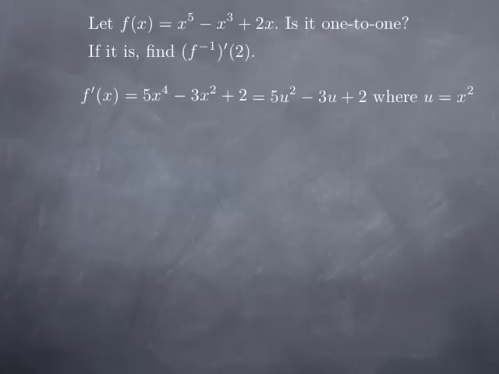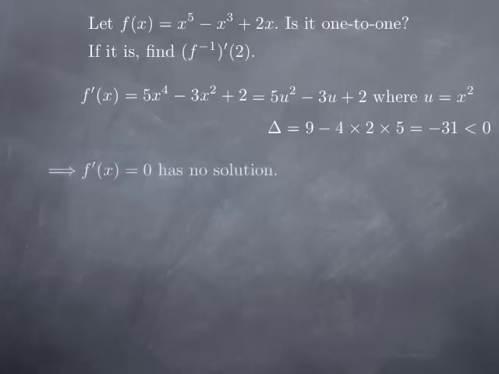If this is negative, you cannot plug it inside the square root, and that means you have no real solutions. In this case, b squared is 9, and if I subtract 4ac, I'm subtracting 4 times 2 times 5, I get negative 31, I get something negative. That means there is no solution to f prime of x equals 0.